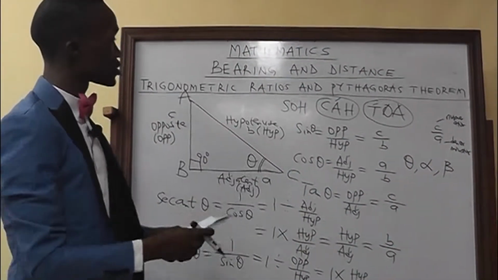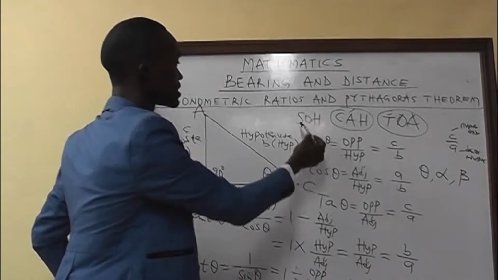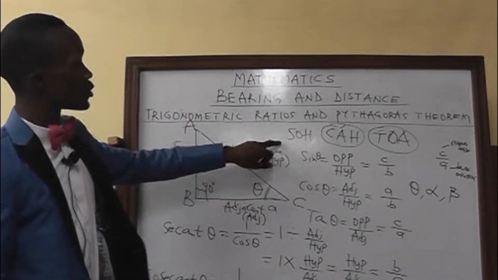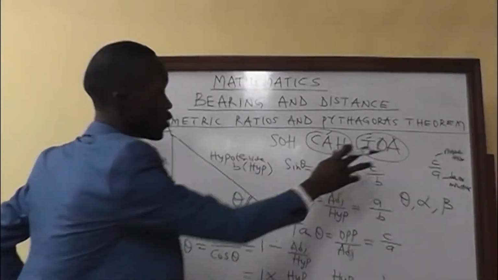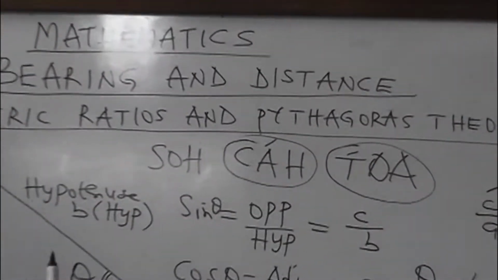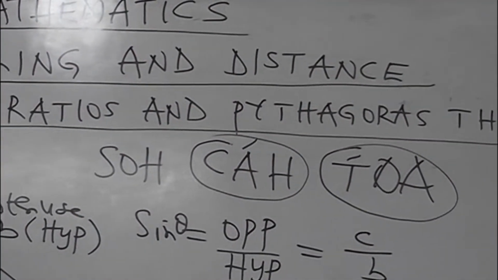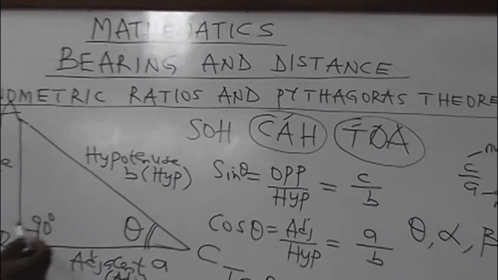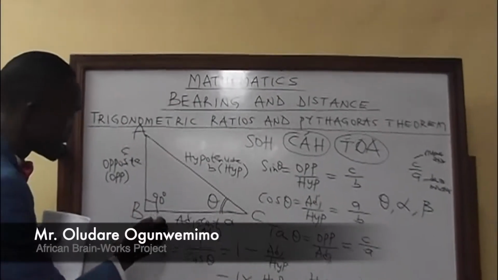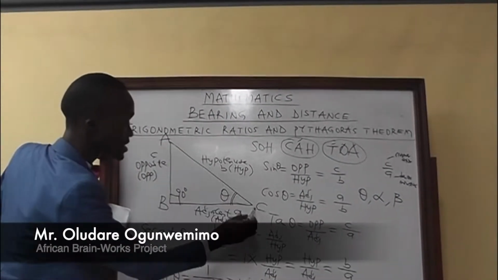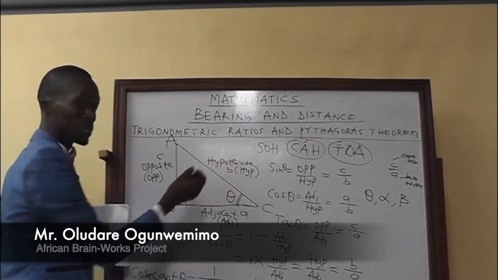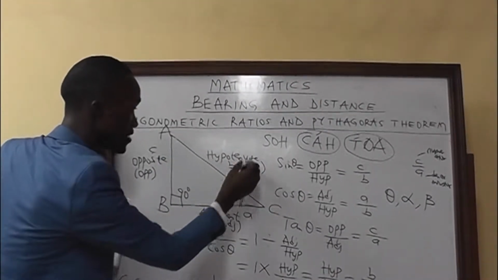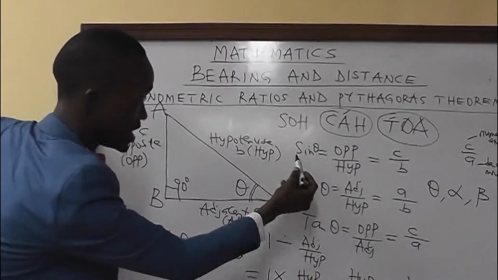Then the second question I got is, what do we mean by SOHCAHTOA? This SOHCAHTOA is just the shortened form of the terms that we have here. When I started, I said the side facing the 90 degree angle that we have here, we call it hypotenuse. And that hypotenuse, we have the shortened form as HYP.